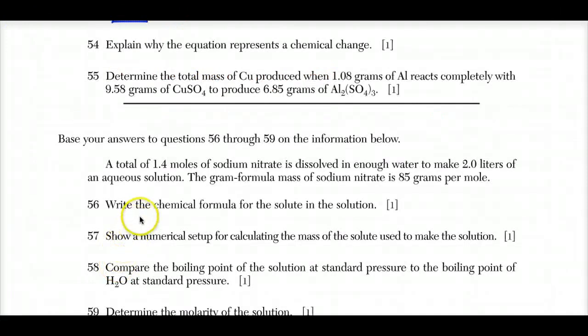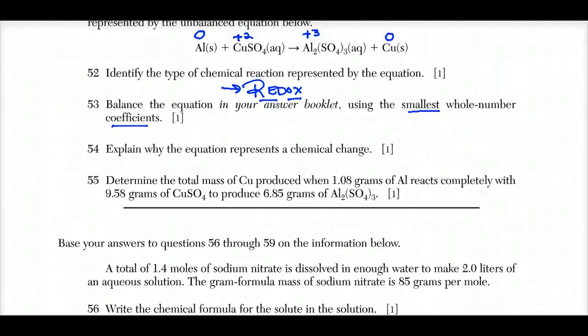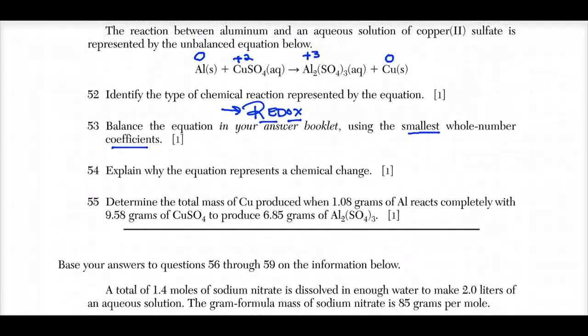Okay, so number 54. Explain why the equation represents a chemical change. So why is the equation that we were given, right here, a chemical change? Well, chemical changes mean that we're creating a brand new substance. So we're starting with aluminum and copper sulfate. These react because it's a chemical change, it's a chemical reaction, and that reaction is going to make brand new compounds, or elements in this case.